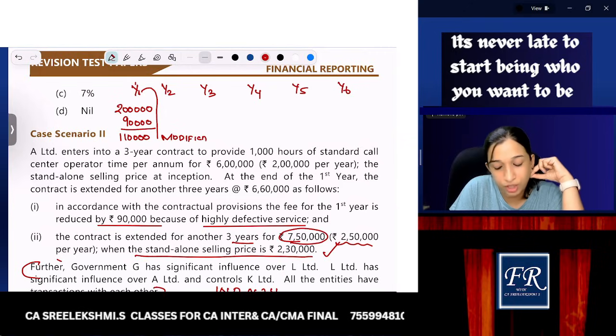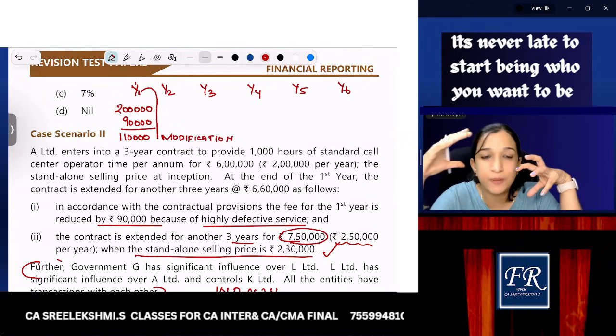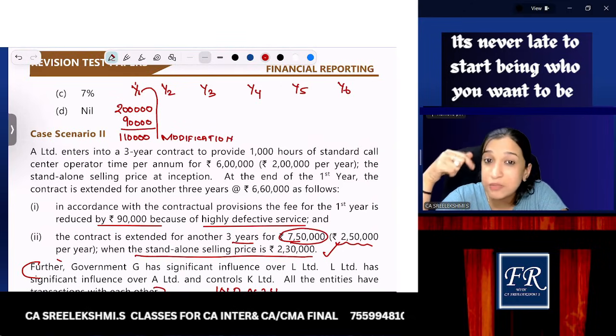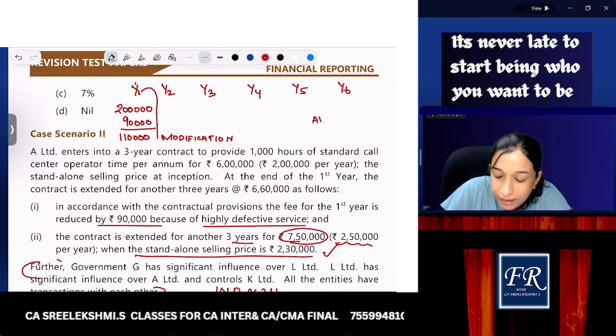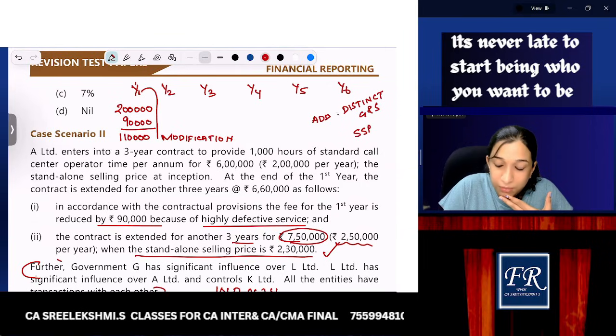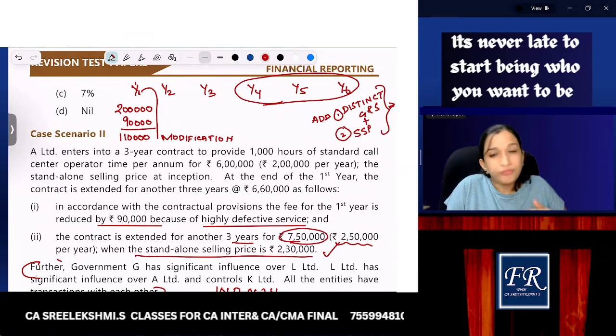Contract modification. So what is the provision as per Ind AS 115 with respect to contract modification? See, if the contract is modified to add distinct goods and services at standalone selling price, then if both the conditions are satisfied, the modification should be treated as, if you added 3 years, distinct goods and services at standalone selling price, it can be considered as a new and separate contract.